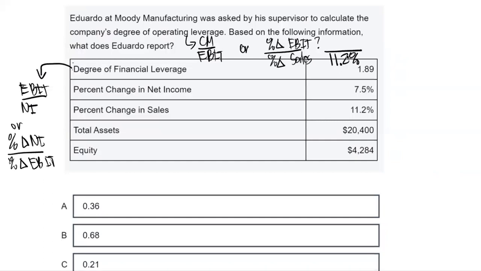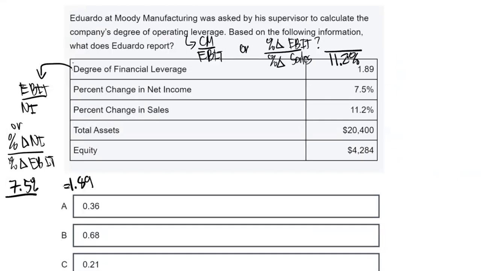Do we have the degree of financial leverage? We already computed that, which is 1.89. Got it? So, 1.89 is equal to the percentage change in net income, which is 7.5%, divided by something equals 1.89. So what should our denominator be?